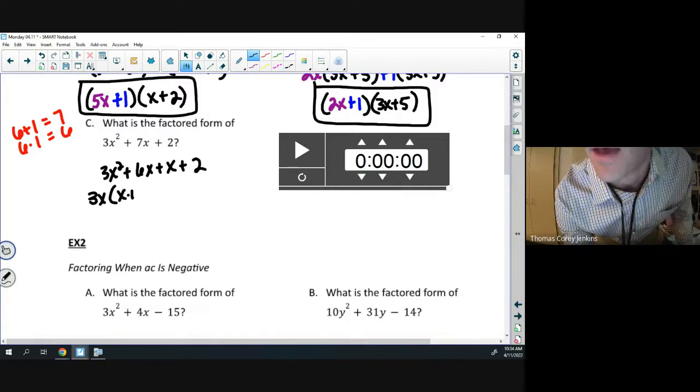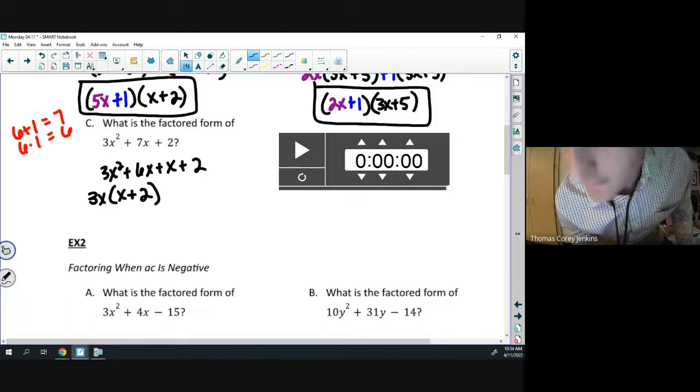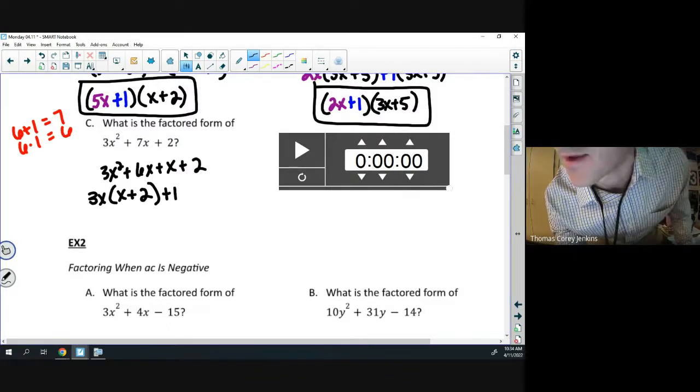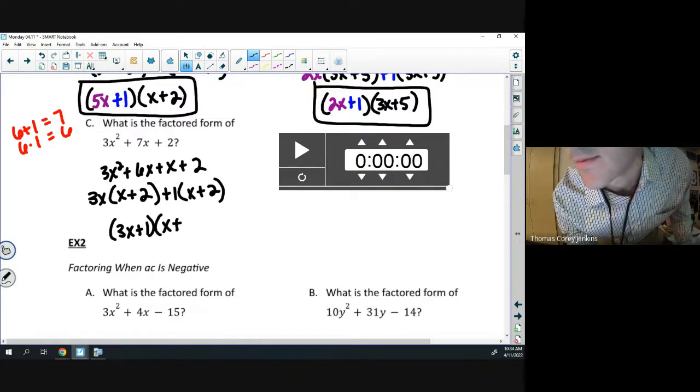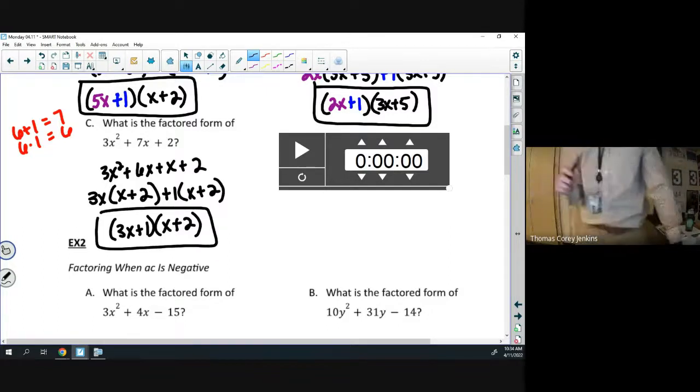That would leave me with x plus 2. Out of the second pair, there is no GCF, so we just do plus 1 times x plus 2. And then we finalize our answer, 3x plus 1 times 1x plus 2. And again, order doesn't matter when you're multiplying. So if you had x plus 2 times 3x plus 1, you got it right.